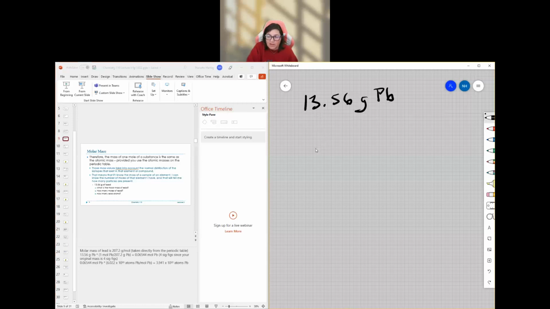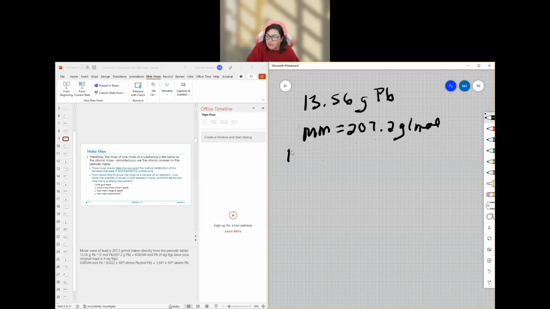What is the molar mass of lead? Well, lead, again, is number 82. Its molar mass is listed as 207.2 grams per mole. Okay, awesome. So that's its molar mass. How many moles do I have?